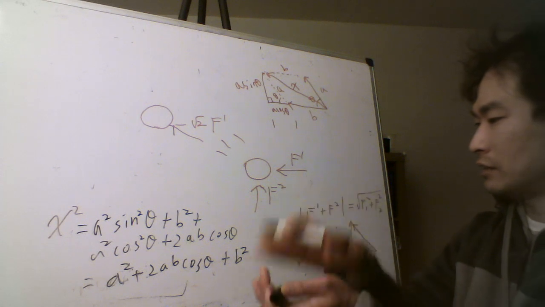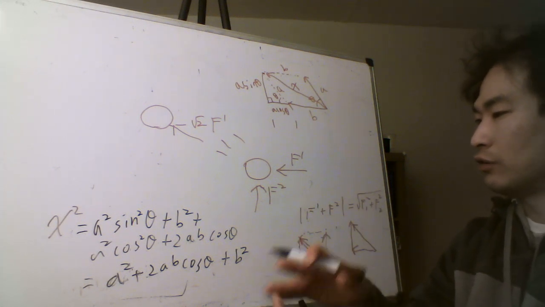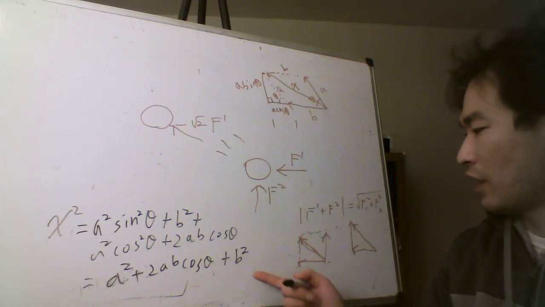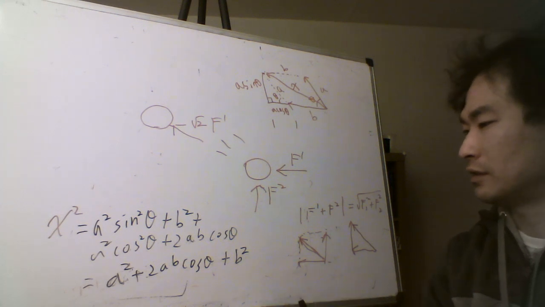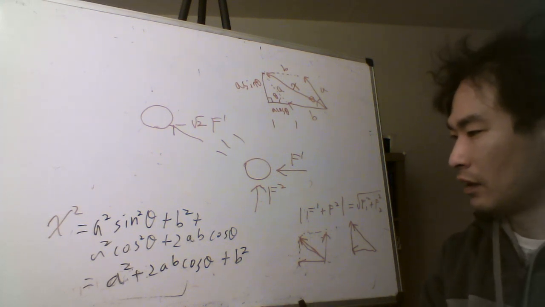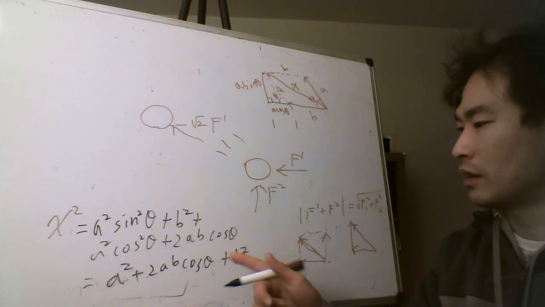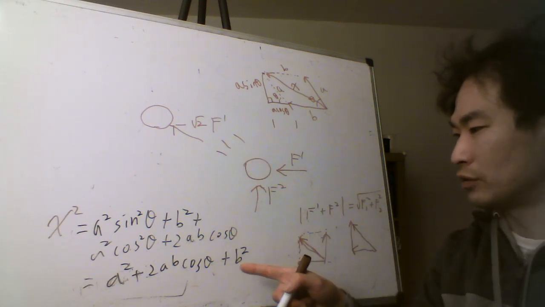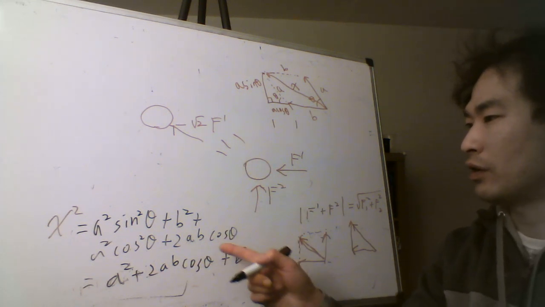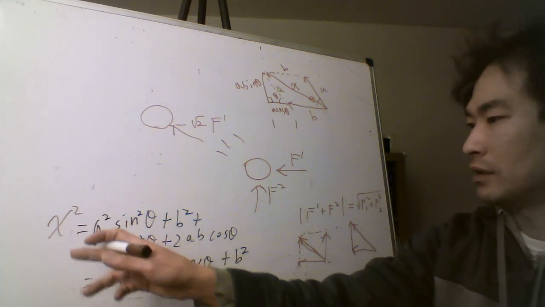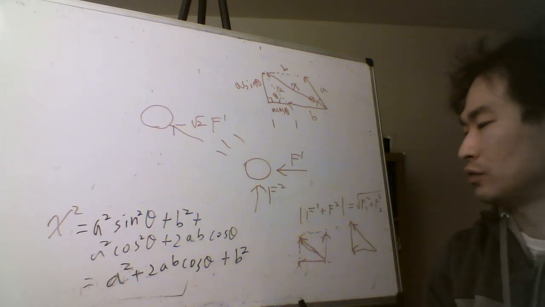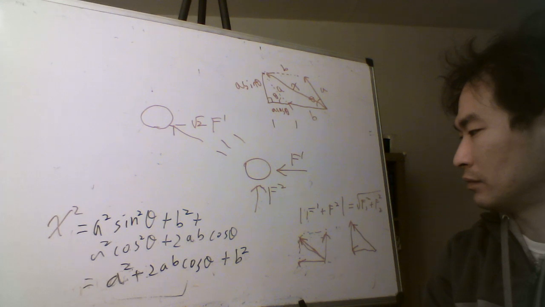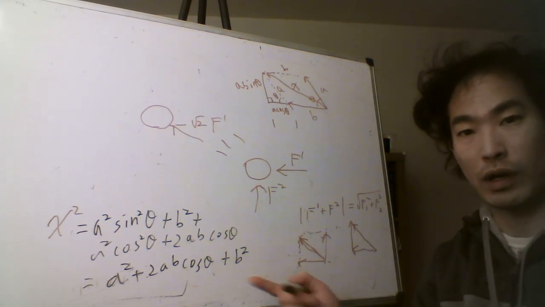So yeah, when theta is 0, collapsed, then you just add them up. What if theta is 180 degrees? Cosine theta is minus 1. Okay, so A minus B squared, and so X is square root of that, and so it's A minus B. But it's opposite direction. So yeah, this is the correct formula, okay?